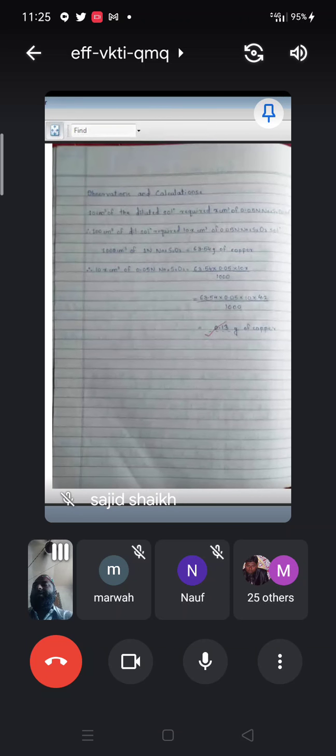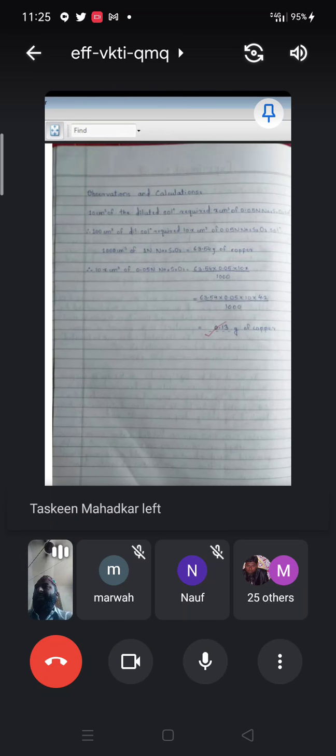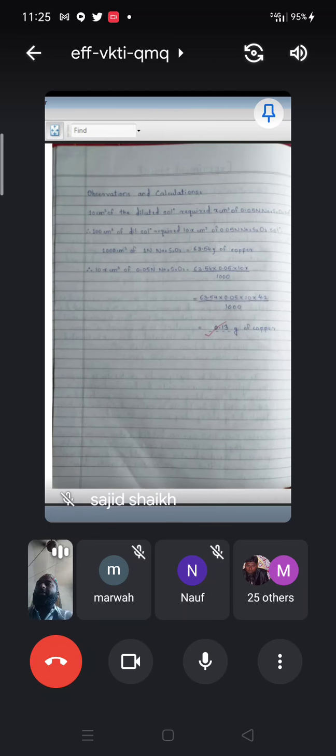Then we will do the calculation. 10 cm cube of the diluted solution will require that particular X cm cube of this sodium thiosulfate solution. Therefore, 100 cm cube of this diluted solution requires 10 into X cm cube of this 0.05 normal sodium thiosulfate solution. Hence, 1000 cm cube of 1 normal sodium thiosulfate will correspond to 63.54 gram of copper.